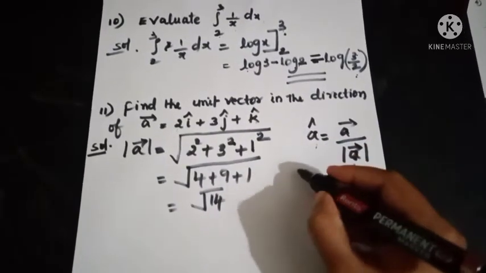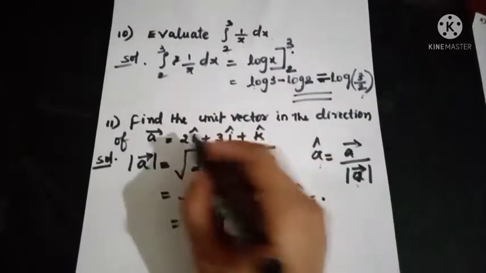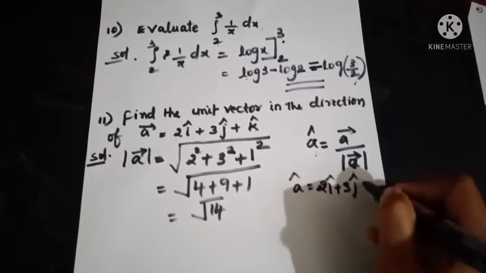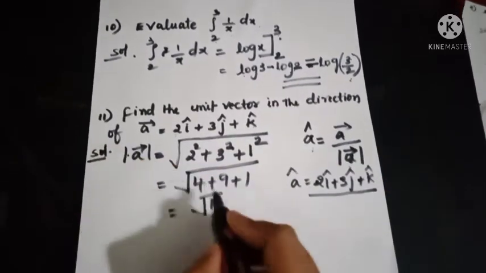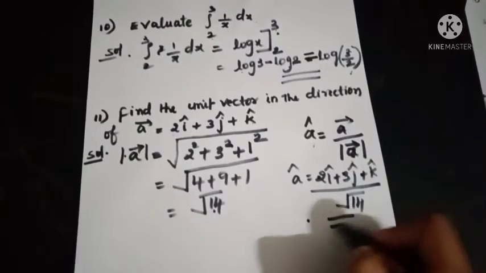So finally the unit vector will be, vector a, 2 i cap plus 3 j cap plus k cap, divided by the magnitude of this vector, root 14.